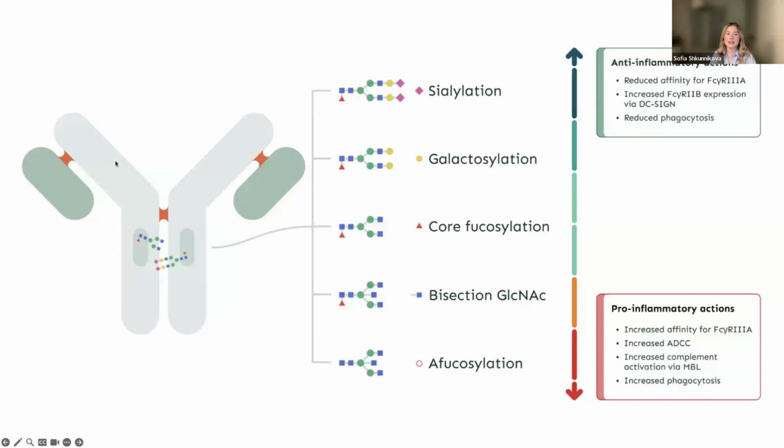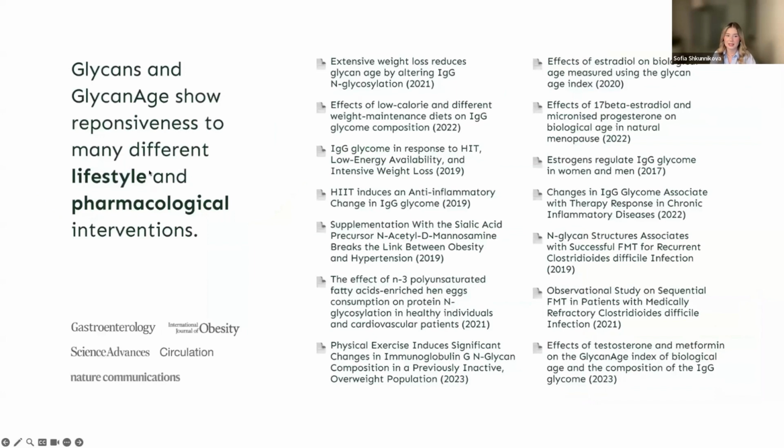And we look at glycans attached to the IgGs, which help us understand exactly which inflammatory processes are triggered, and also which glycans are involved in that. This allows us to assess how much chronic inflammation you have, or rather how old your immune system is. And once we have that information, we also know that glycans are a great biomarker because they respond to both lifestyle and pharmacological interventions.